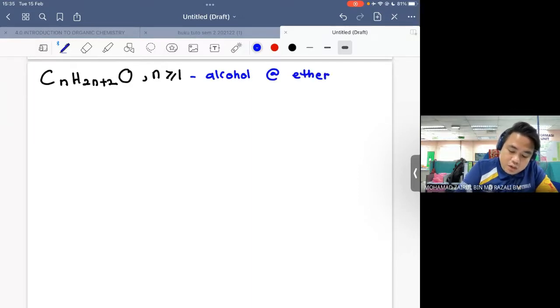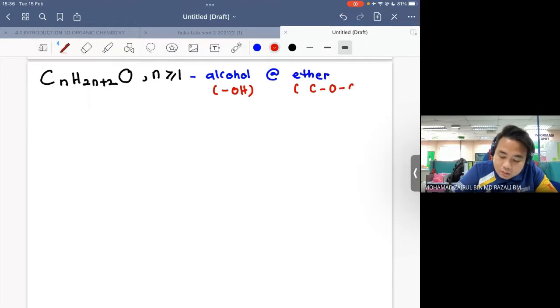So alcohol, kalau kita recall balik, the functional group for alcohol is hydroxyl, OH. Ether, the functional group is alkoxy. Alkoxy is carbon single bond oxygen single bond carbon.